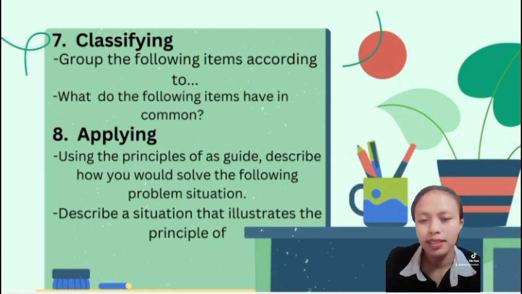Describe a situation that illustrates the principle of small is welding. So as you can see, the student should explain it. And also for me, this type of question is the one that best tests the student's knowledge, because it focuses on application, which is essential for learning.